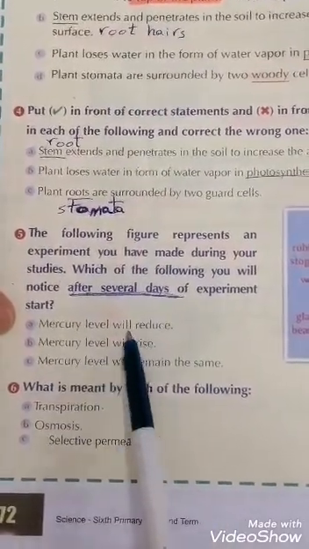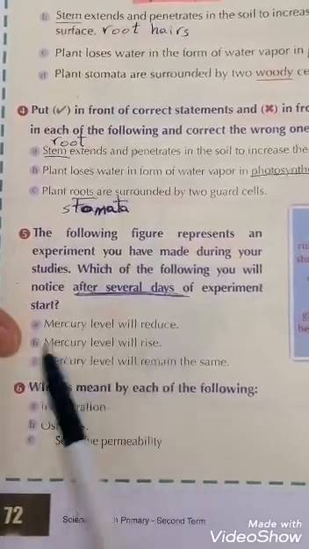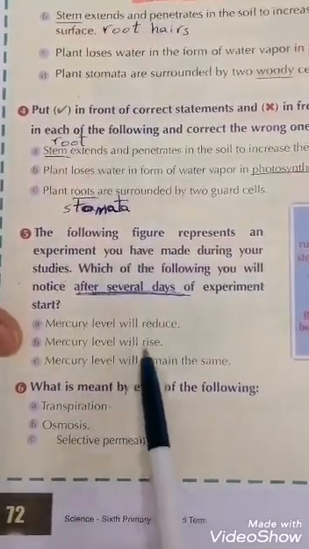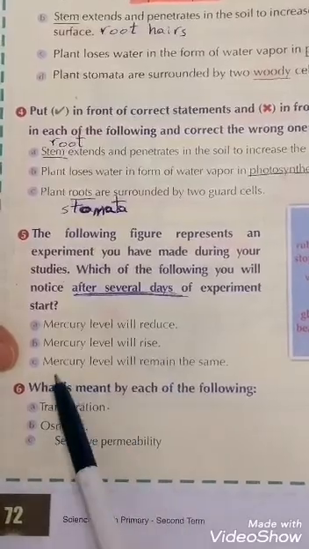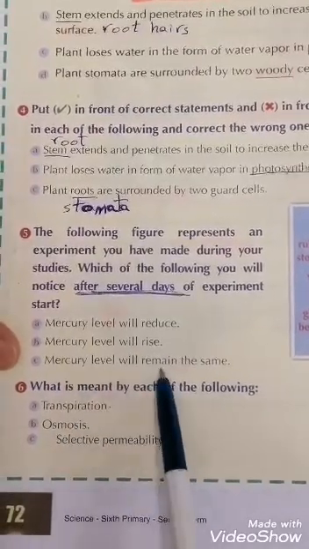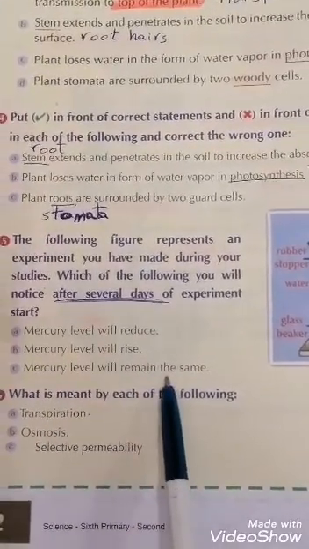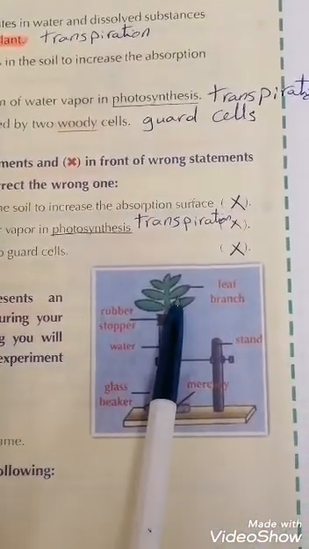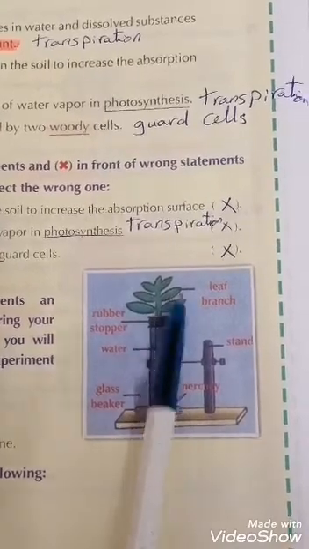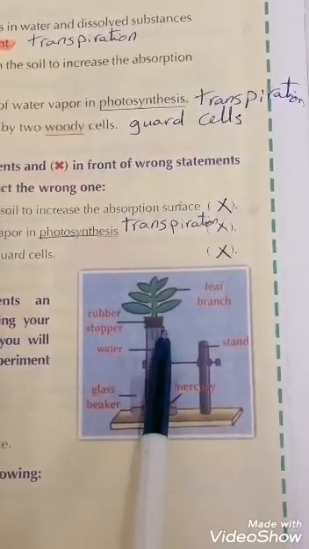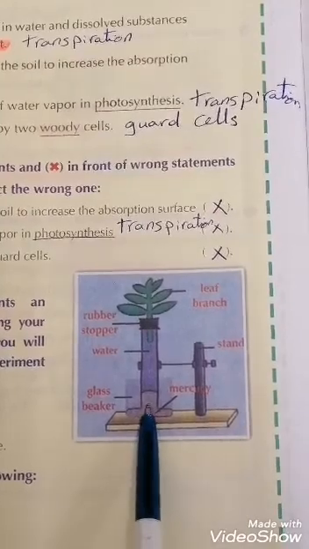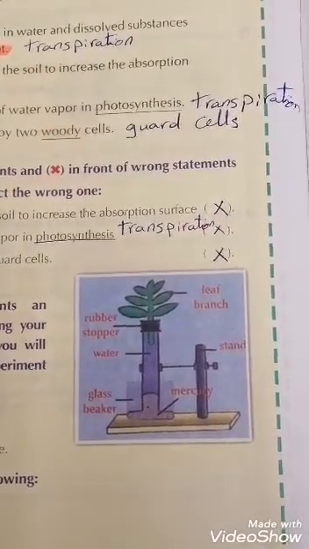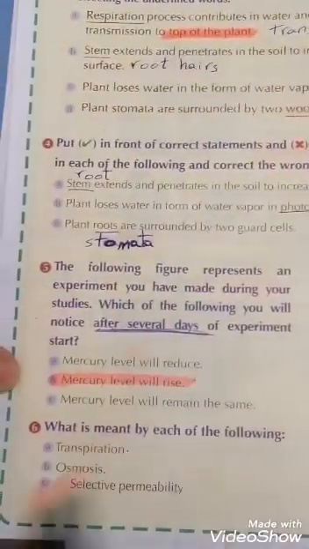Mercury level will decrease, mercury level will rise, or mercury level will remain the same. When you leave this experiment for several days, what would happen? The plant leaves carry out the process called transpiration, so it raises the water and salts. So what happened to the mercury level? It will rise.